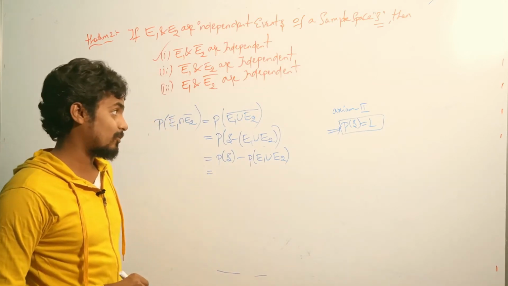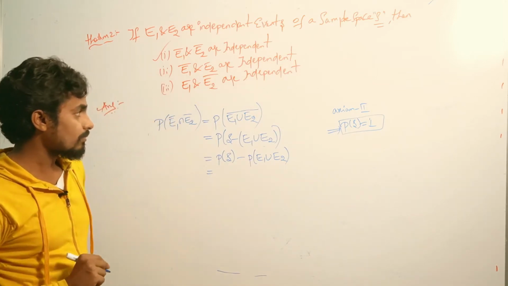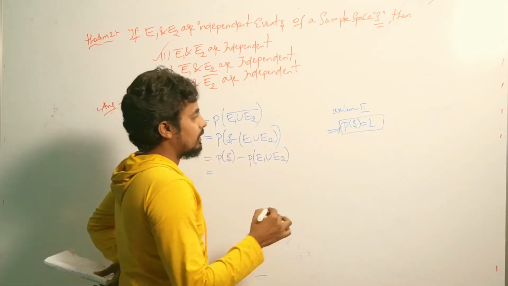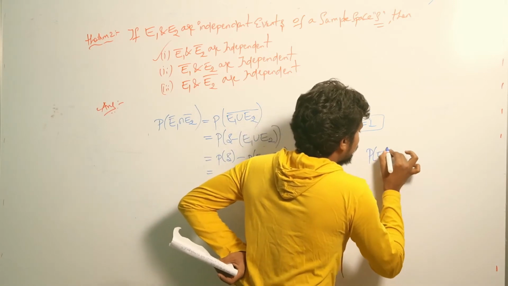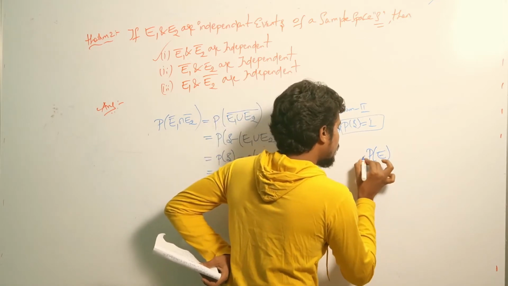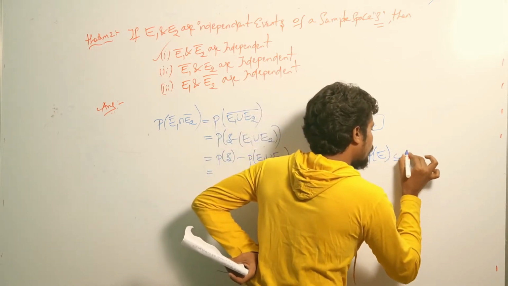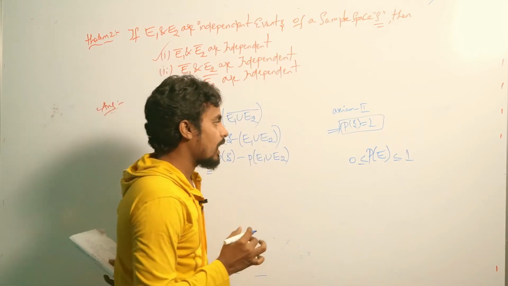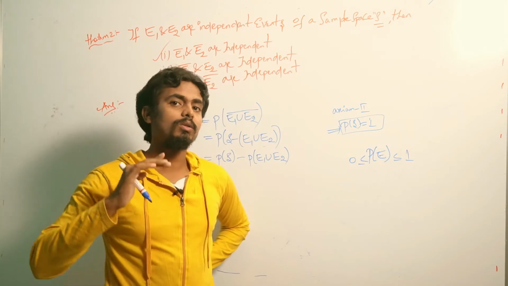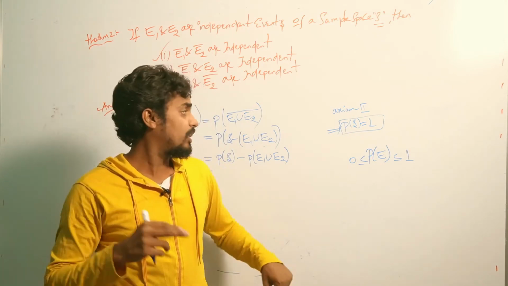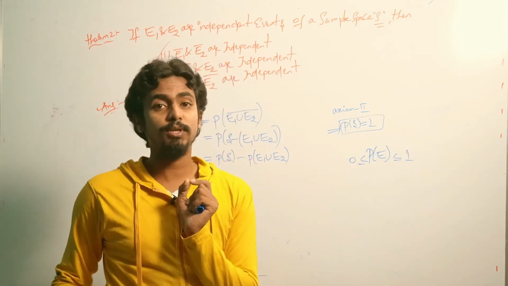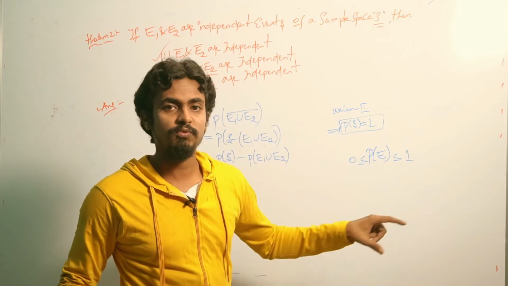What P of S equal to 1 means: if I take the probability of an event, P of E is between 0 and 1. That means the probability of any event will not go above 1 and will not go below 0.